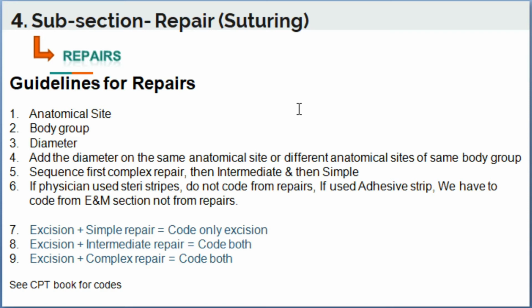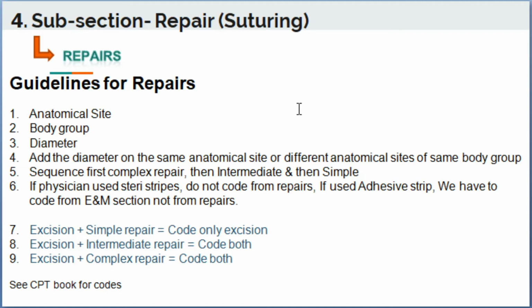Apart from the keywords of three different repairs, the coder has to follow guidelines for assigning accurate codes of repairs. The coder has to identify the anatomical site, which body group the anatomical site belongs to, and the diameter, and add the diameter of the same anatomical site or different anatomical sites of the same body group.